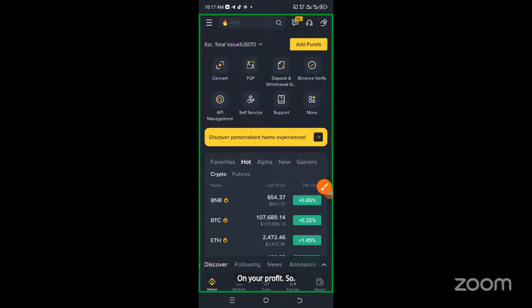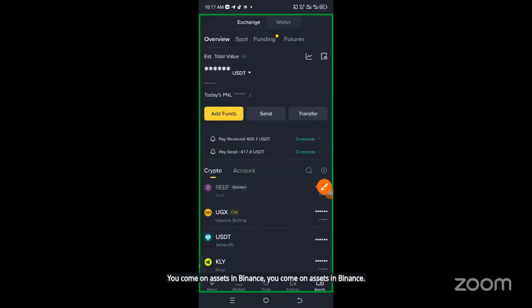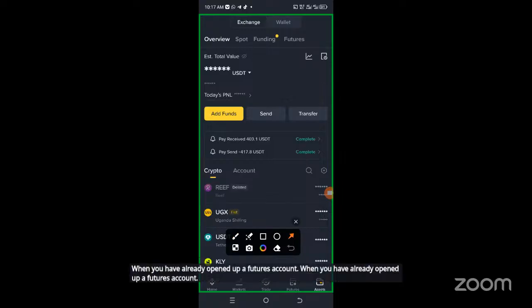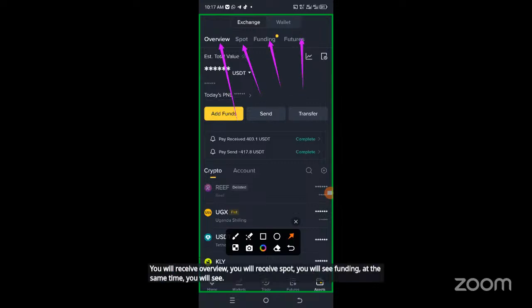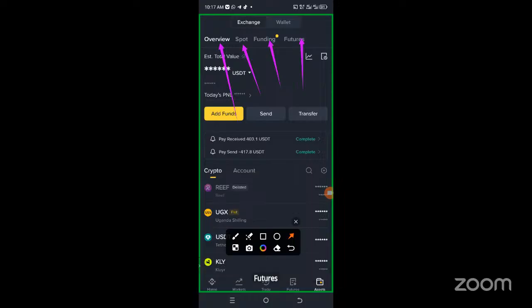Like we said, you come on assets in Binance. When you have already opened a futures account in your Binance, you will see overview, you will see spot, you will see funding, and at the same time you will see futures.